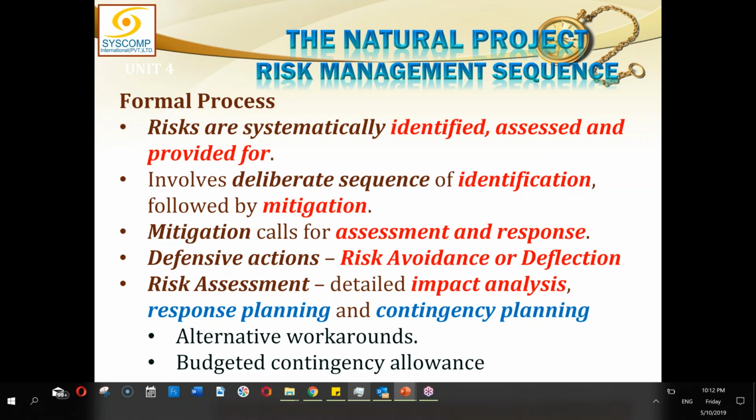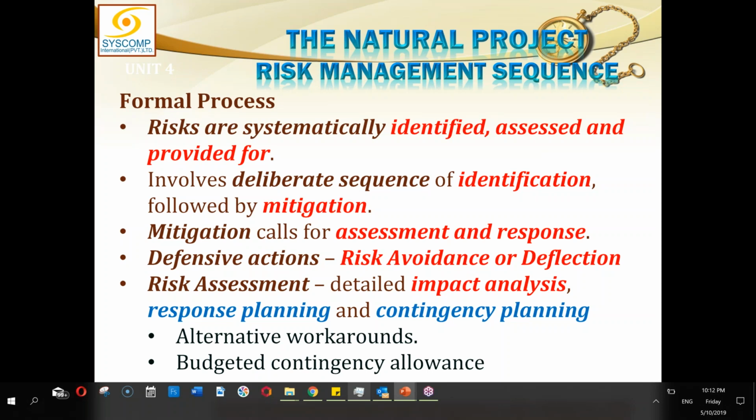You may even ask others who are not even concerned about your project. Try to get as much information as possible depending upon what kind of time is available to you. Naturally, I do not want you to be wasting a lot of time in analysis, but whatever time can be spared for analysis must be spared, and proper identification and proper assessment of the risk must be provided for.